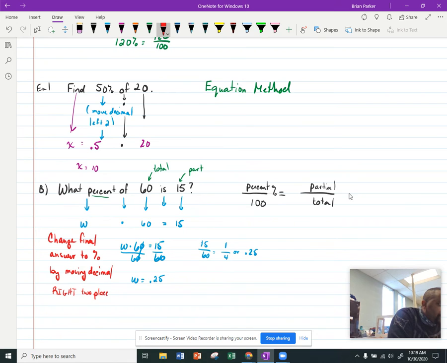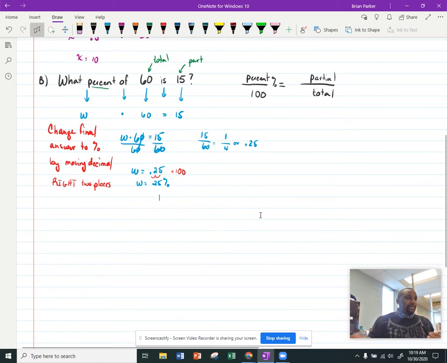All right. Or by multiplying by 100, either way. So multiplying by 100, we'll move this decimal to the right 2 places. And so the percent for what percent of 60 is 15? 15 is 25% of 60, right? And then we would be done with that.